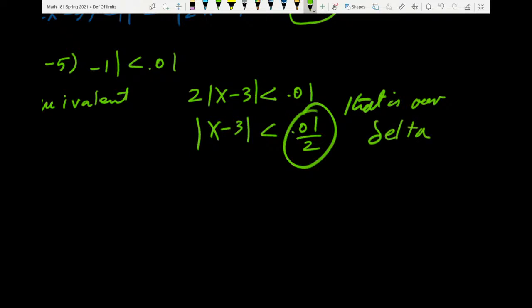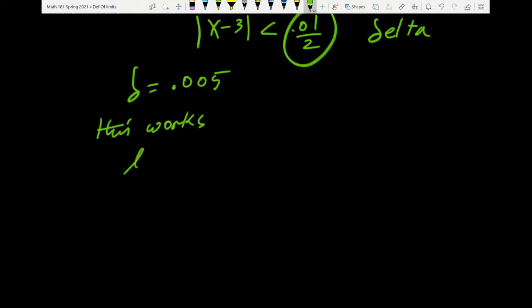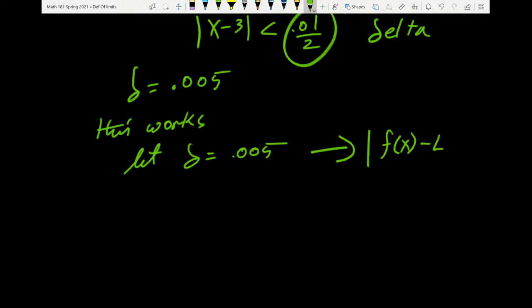Here's why. So delta is 0.005, right? If you say this works, say let delta be 0.005, would that make the statement f of x minus L less than epsilon?